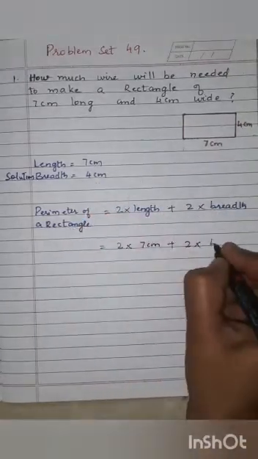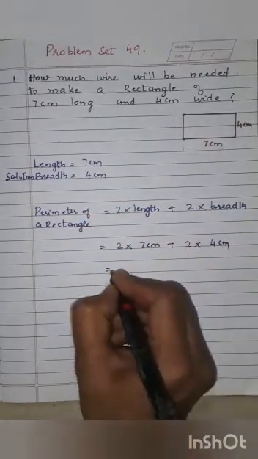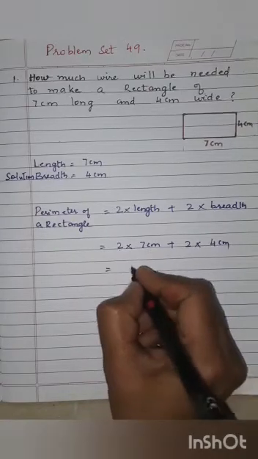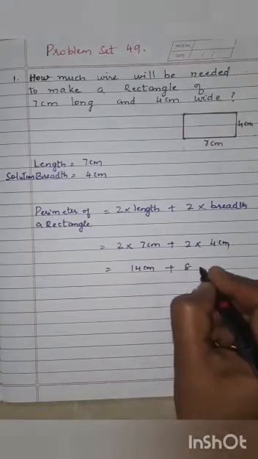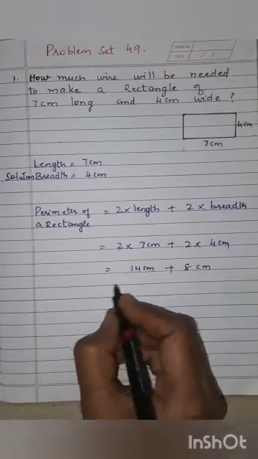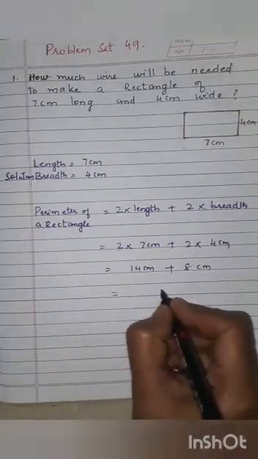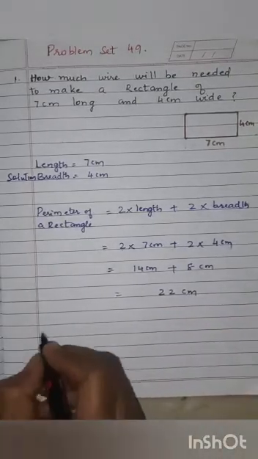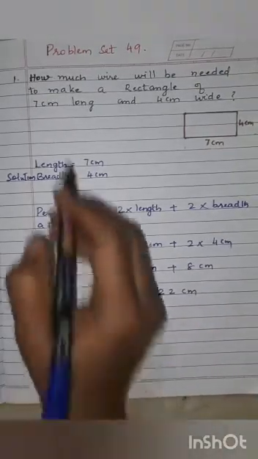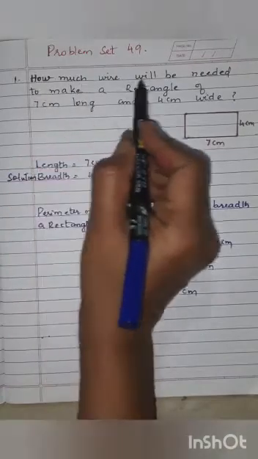Breadth means it is 4 centimeter, which is equals to 2 sevens is how much? 14 centimeter plus 2 fours is 8 centimeter. So 14 plus 8 is how much? It is 22 centimeters. So children, finally we can write what they have asked. They have asked us how much wire will be needed.